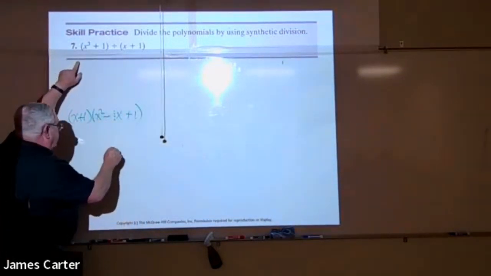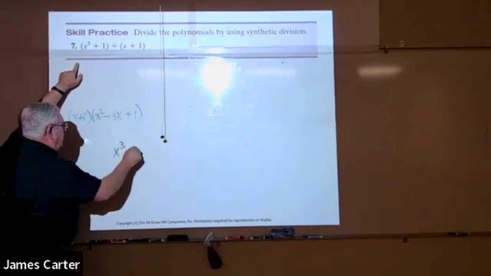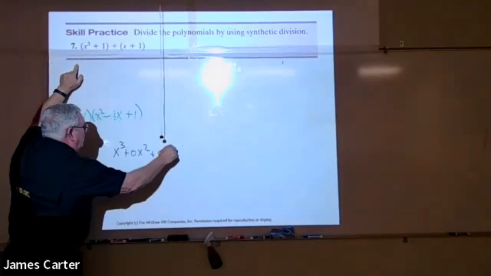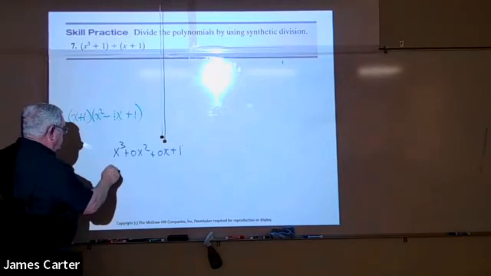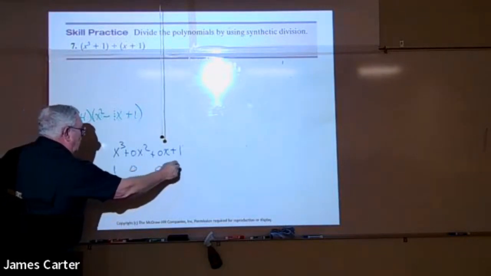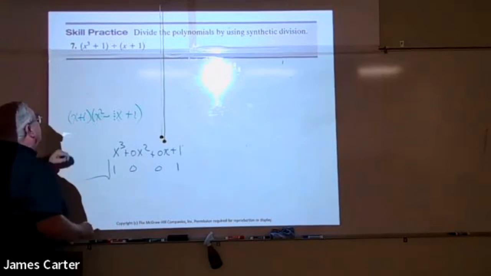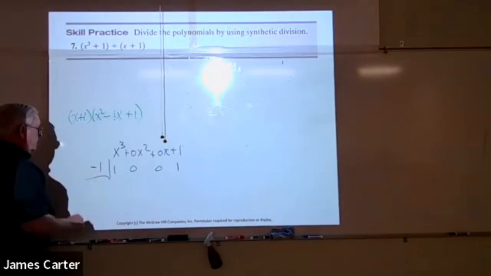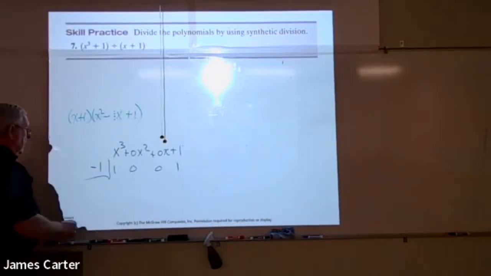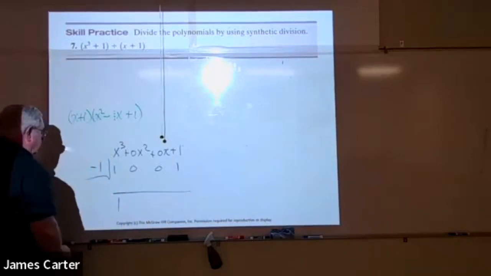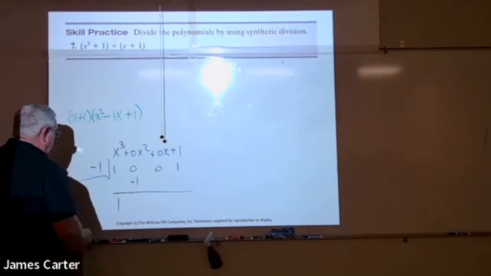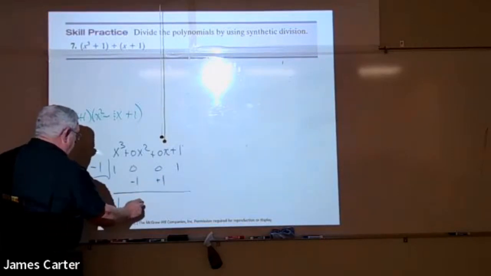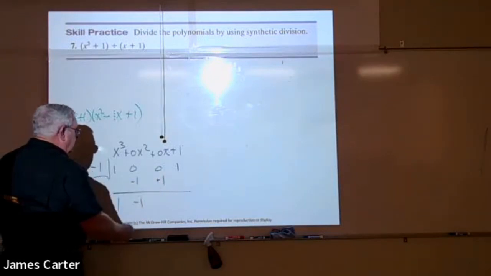Okay, so I've got x cubed plus 0x squared plus 0x plus 1, which gives me 1, 0, 0, 1. Now, I'm going to divide it synthetically by -1. Bring down this 1, and I get -1. Multiply those, and I get +1. Whoops, here's the -1. -1 times -1 is +1.